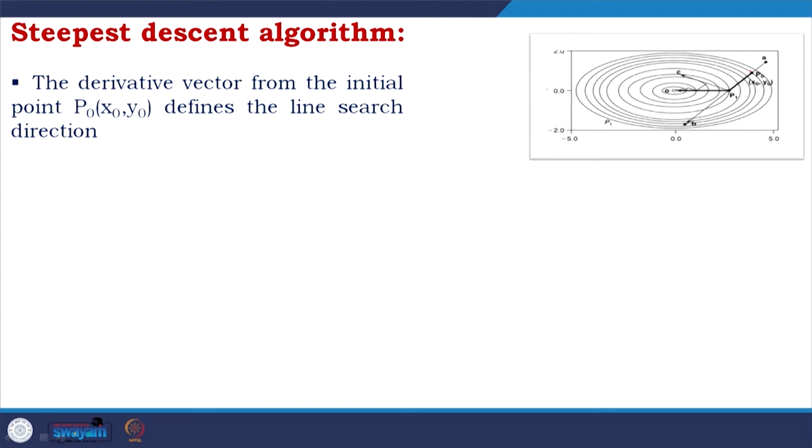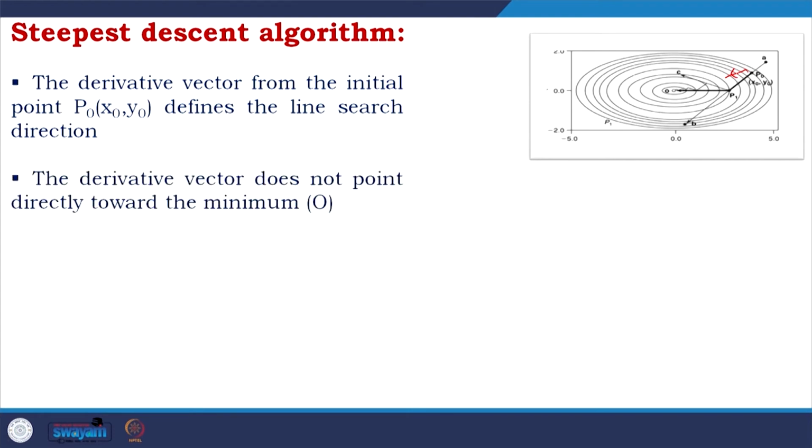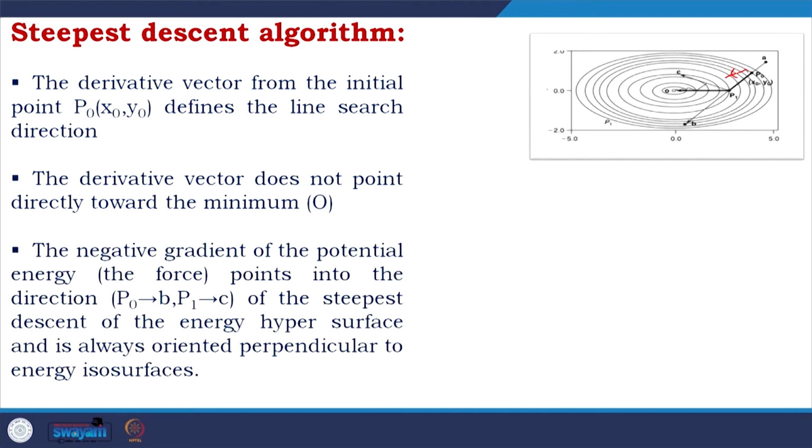So, it could directly go there, but it does not do that. The derivative vector does not point directly toward the minimal point.